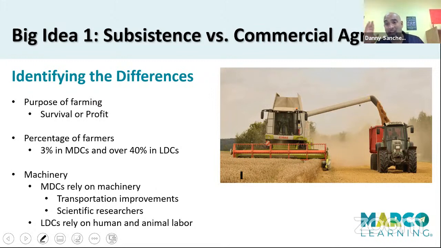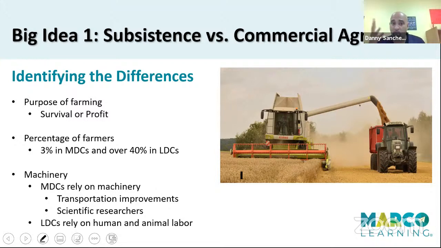And one of the sad ironies you find in the developing world is you'll have a society where half the people are farmers, and yet there is famine and devastating food insecurity because they just can't generate enough food for themselves.